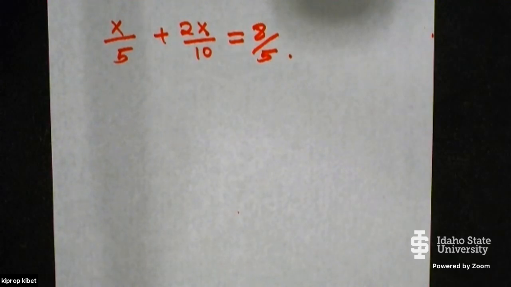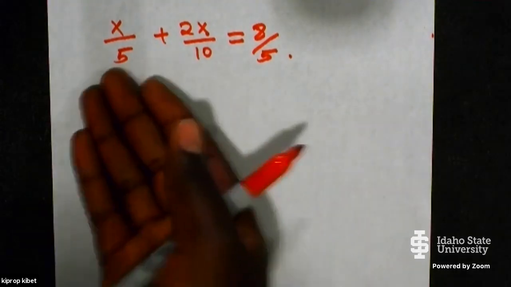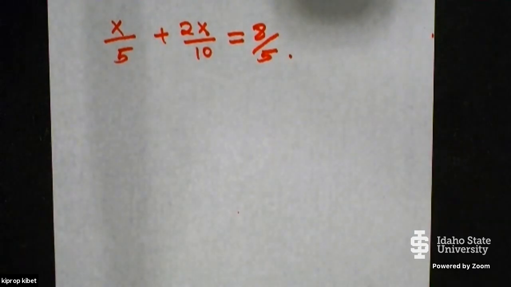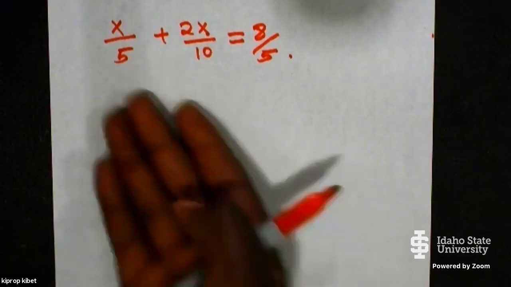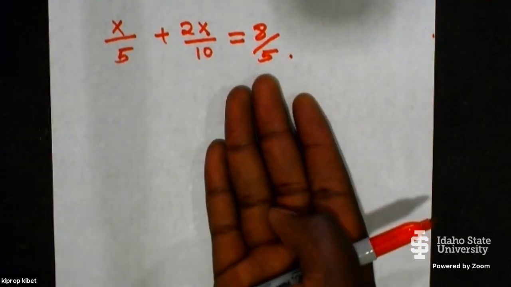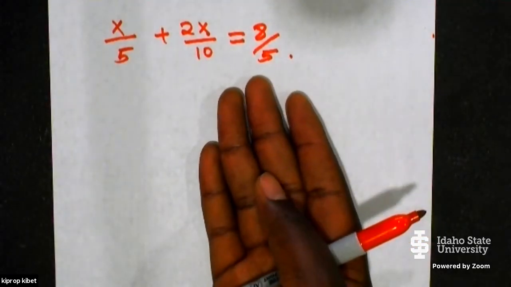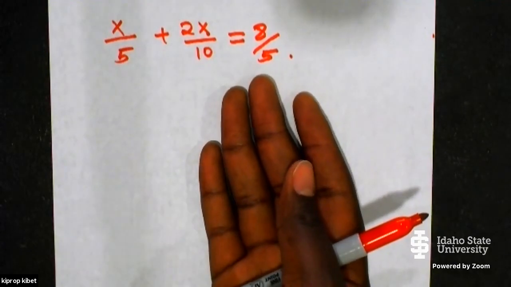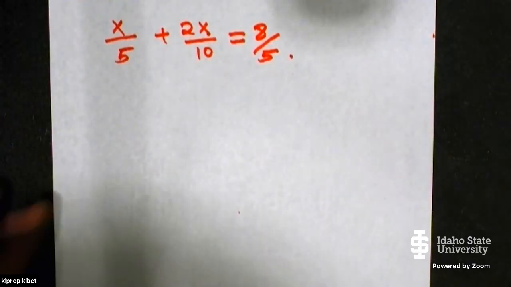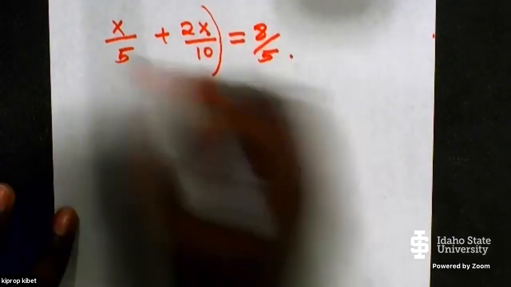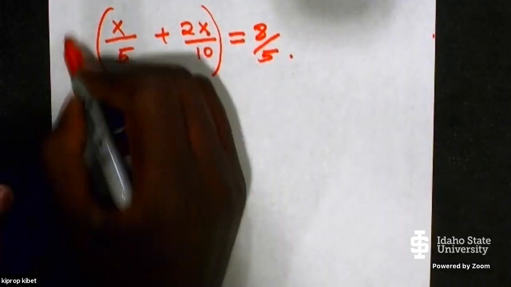So to remove the denominator first, we look for the LCM of this and we multiply by it to remove the denominator there. So what is our least common multiple over there? Have you ever done least common multiples? I think maybe you've done it. So the least common multiple here will be what? 10.